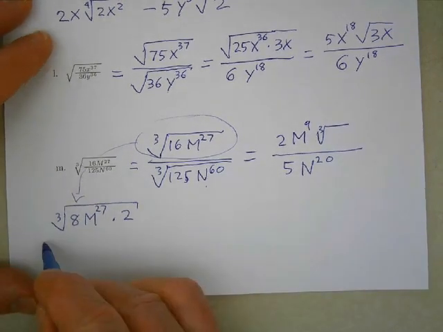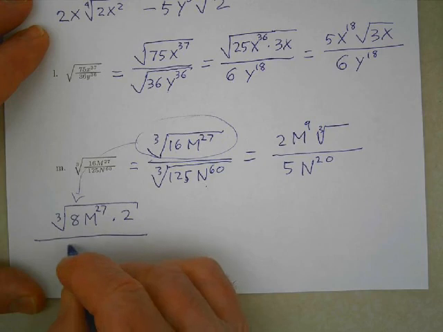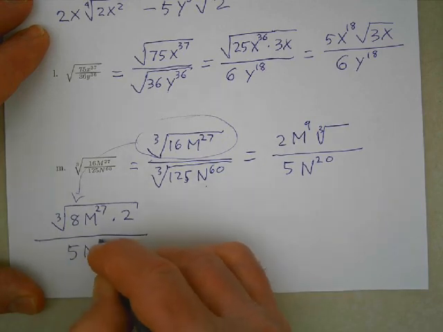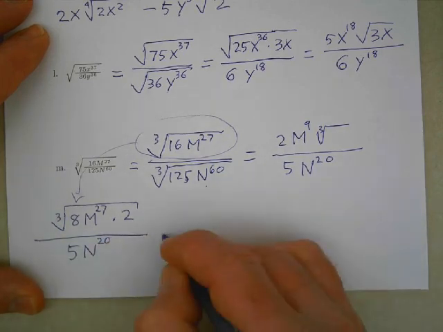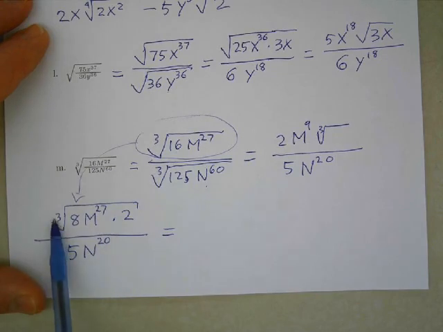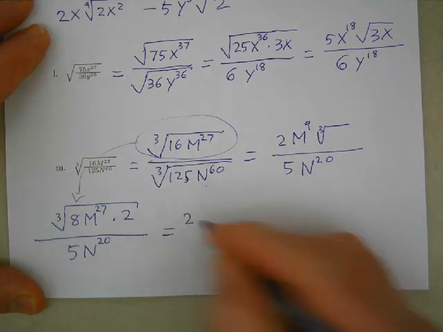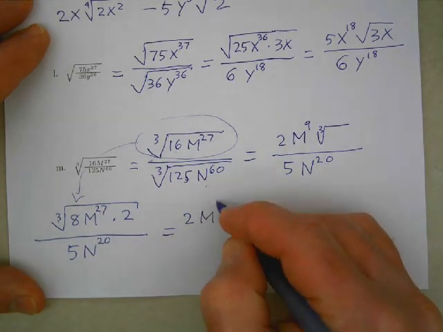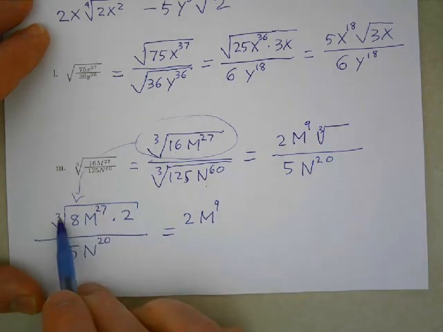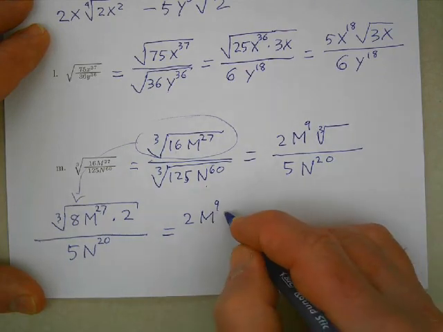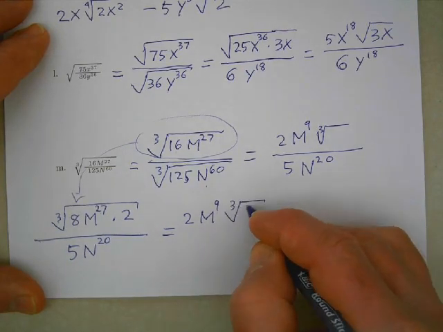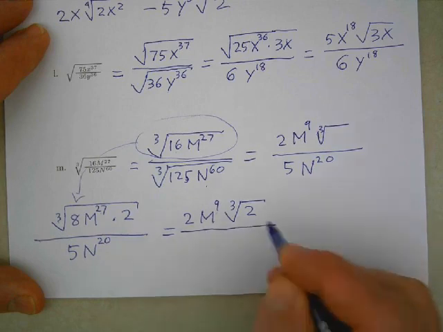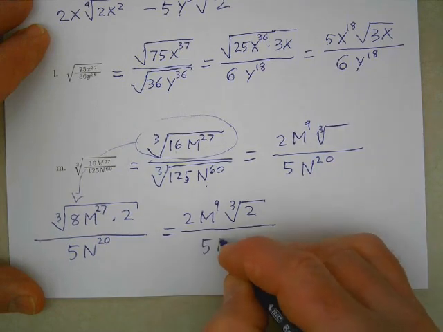And then the denominator has already been simplified to 5n to the 20th. And then the final step, the cubed root of 8 is 2. The cubed root of m to the 27th is m to the 9th, because 27 divided by 3 is 9. And we must multiply that by the cubed root of 2. And then the denominator is 5n to the 20th.